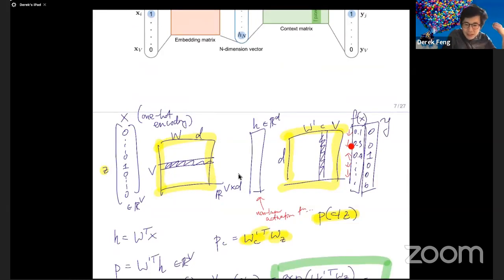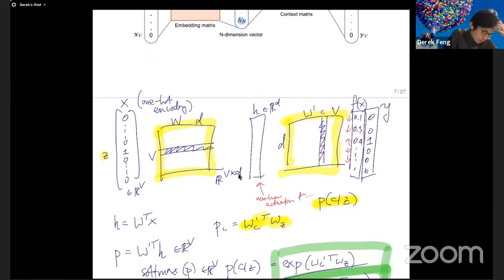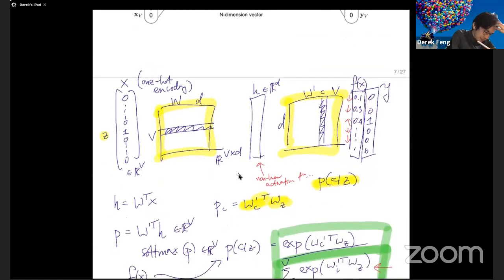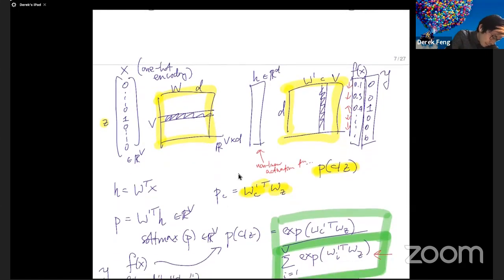But what does that mean? If you think about what f of x is, it corresponds to the inner product between WC and WZ. But let's not look at f of x, because f of x actually contains this guy, which makes it even more ugly.